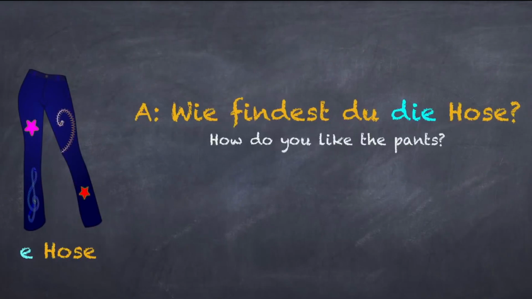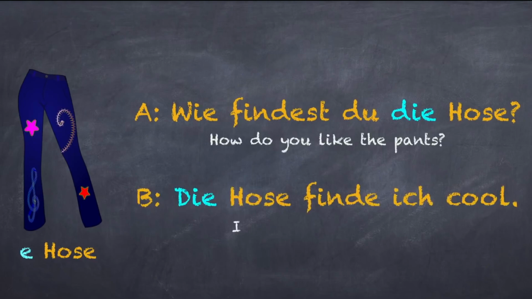Coming to the feminine accusative object. Wie findest du die Hose? Die Hose finde ich cool. So when the accusative object is feminine, the article remains the same as in nominative, that is, die.